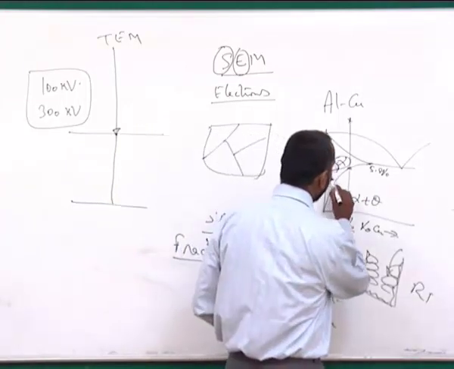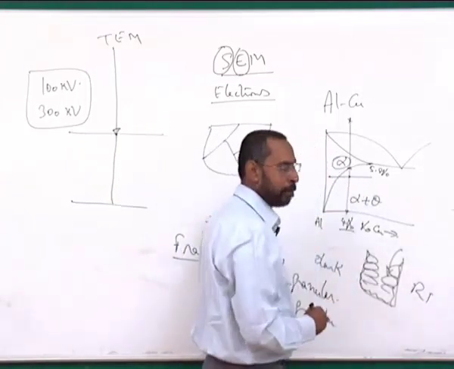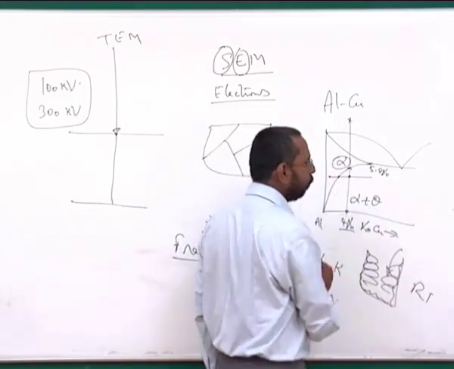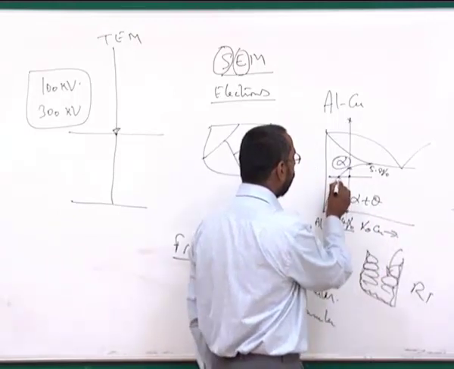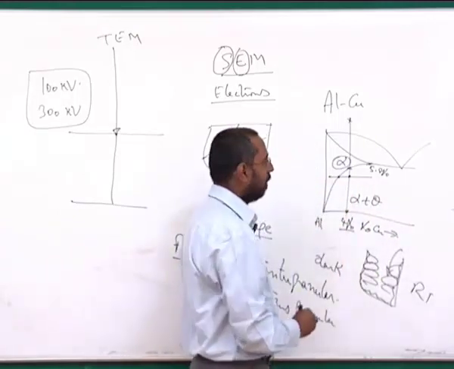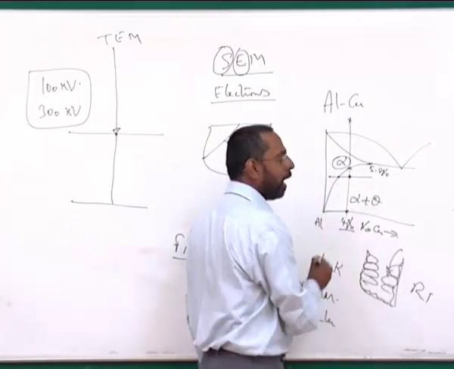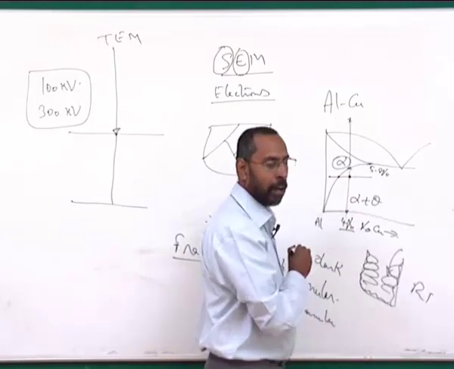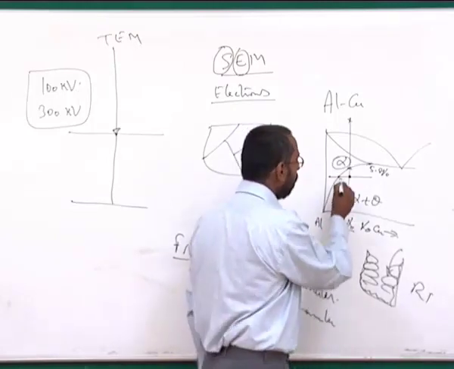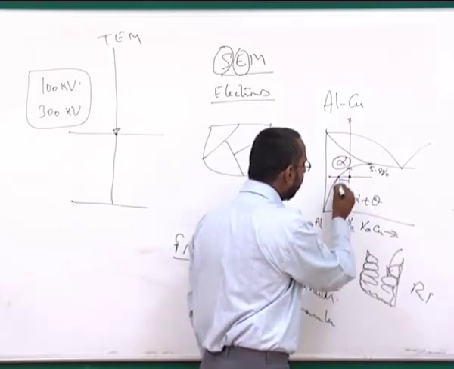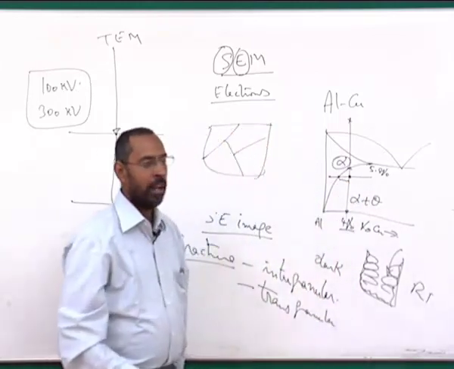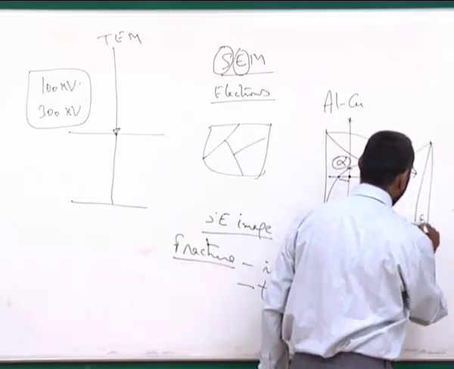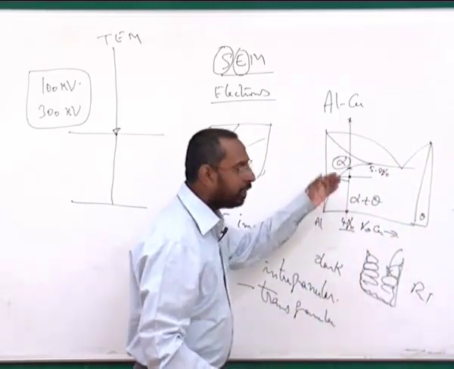The reason is, once you come to a temperature like this, the amount of copper inside alpha is this, whereas the solvus line tells you that the maximum solubility of copper in alpha at this temperature is this. So the amount of copper in my alloy is more than the maximum solubility of copper in alpha at that temperature. Because of this difference, the excess copper precipitates out, and it precipitates out as theta, because in this phase diagram what you have here is a theta phase. So as a result, theta precipitates out.